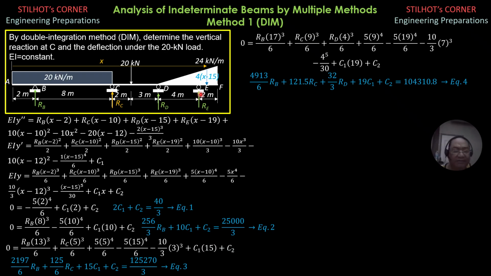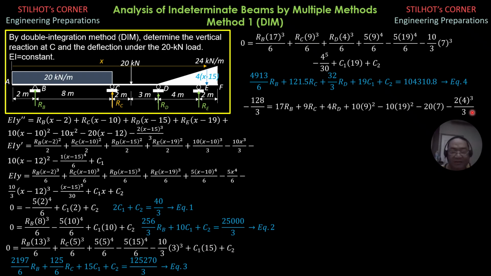It's also like taking moment about E. So this equation here, when you set x is 19. But I'll use this. So negative 128 over 3 equals RB times 19 minus 17 plus 9 RC plus 4 RD, then plus 10 times 9 square minus 10 times 19 square minus 20 times 7, because 19 minus 12 is 7, then minus 2 times 4 cube over 3.